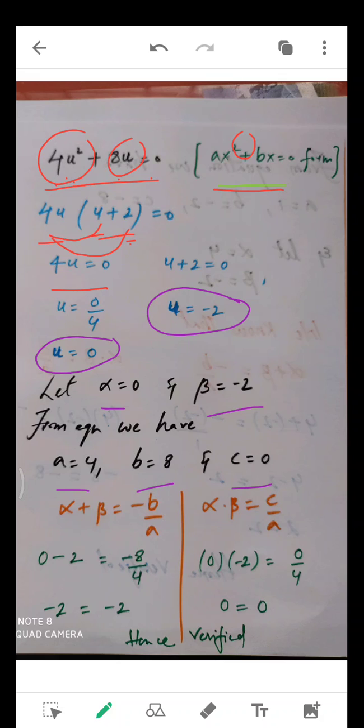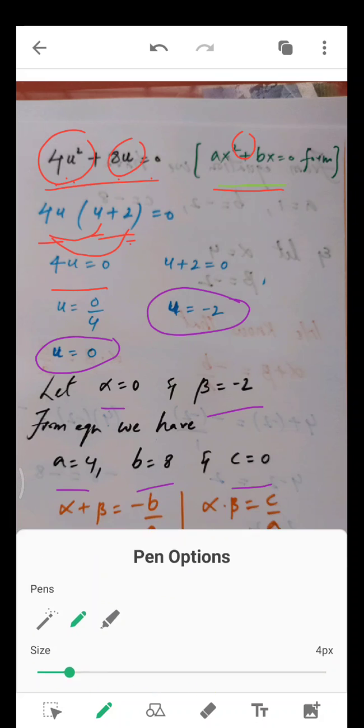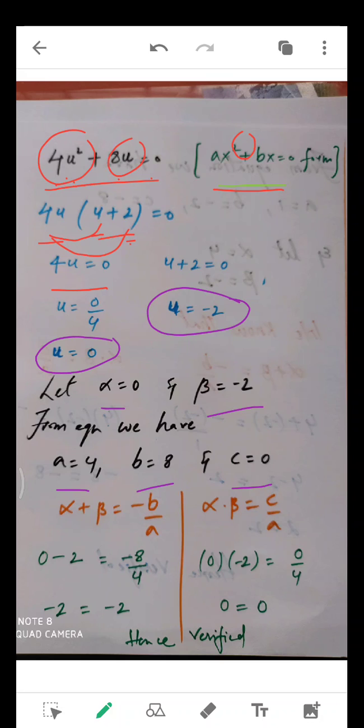Now again, going to the same formula, sum of the roots and product of the roots. You all must remember this formula. Sum of the roots is nothing but minus b by a. Product of the roots is nothing but c by a. So what are alpha and beta?